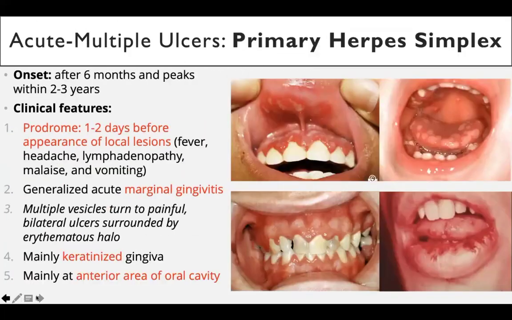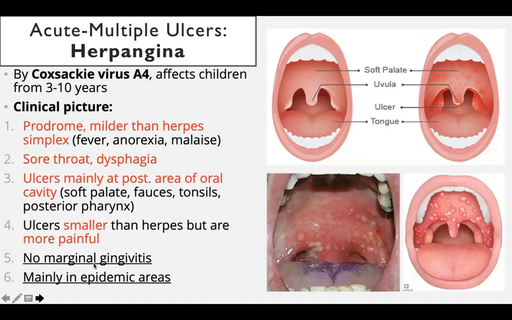But in herpangina, there is a prodrome of fewer days, only anorexia and malaise, and there is mostly no marginal gingivitis, and it mainly involves the posterior area of the oral cavity.